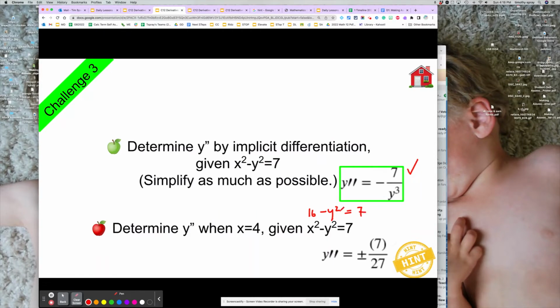So 16 minus something equals 7, which means y squared equals 9, which means y must equal plus or minus 3. And when you put plus or minus 3 inside there, you're going to get 7 over plus or minus 27.